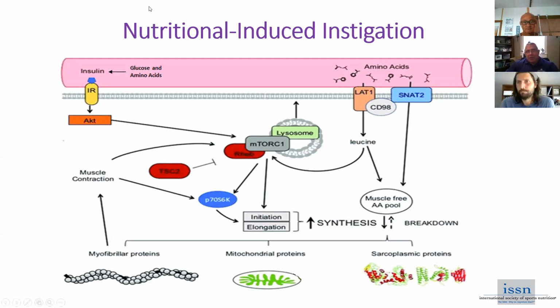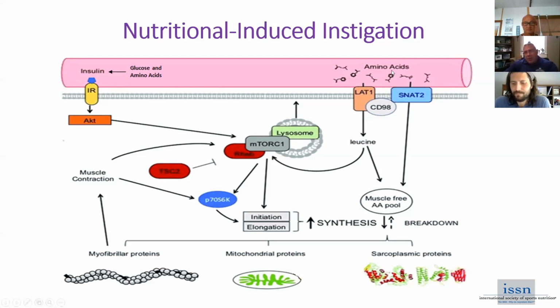So they can generate an insulinogenic response, which works through the insulin receptor and then activates this intracellular signaling pathway that is involved in activating the initiation of translation towards polypeptide and then muscle protein synthesis.